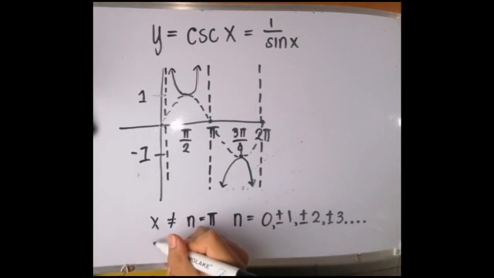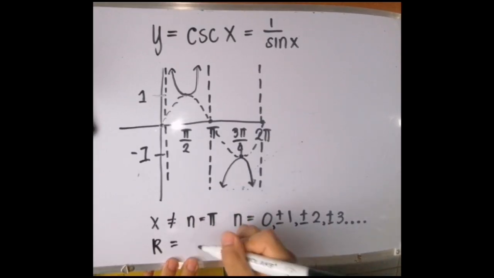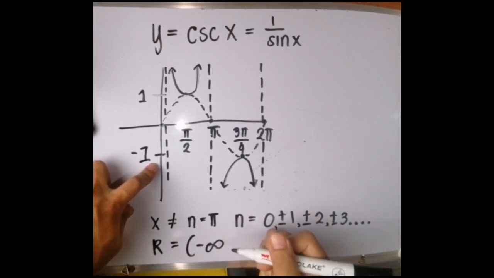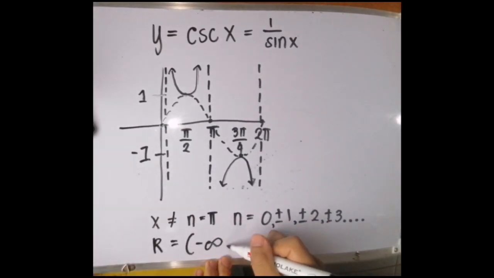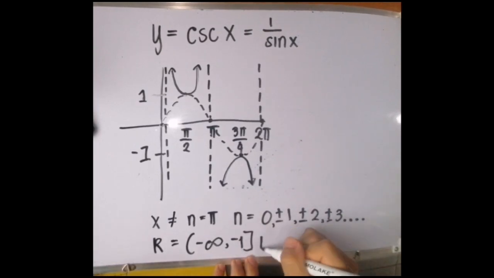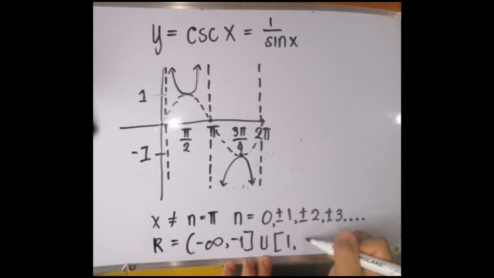While its range will be negative infinity to negative 1, bracket, union 1 to positive infinity. So let us proceed with graphing the second function.